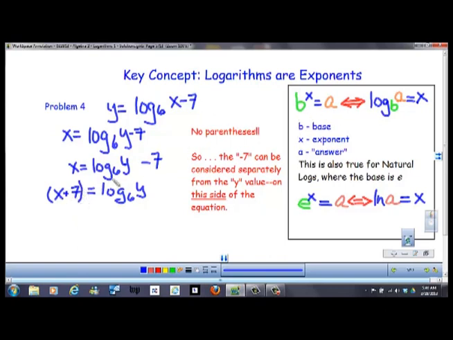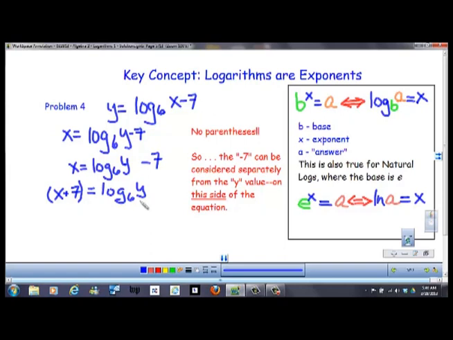When you have a log, 6 to the x, or 6 to the x plus 7, because that's what the exponent is, all of that is equal to our answer, which is y. Some base to the x is equal to the answer. In logarithmic terms, a base to whatever's on the other side of the equation is equal to the answer. And so after we have added 7 to both sides, we have x plus 7 on the other side.